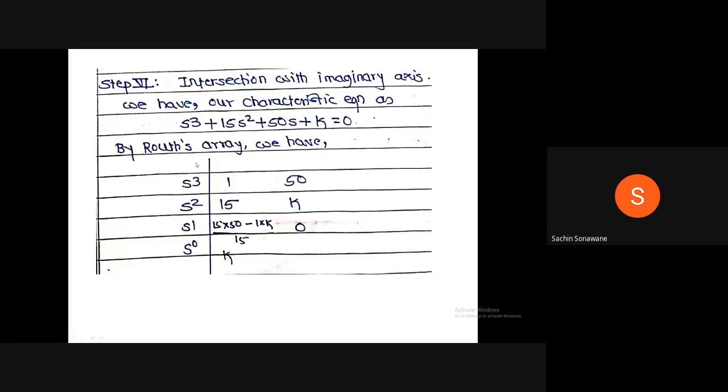The coefficient of s cube is 1, then the coefficient of s, 50, and the coefficient of s square, 15, and again you have to take this value k. Now you have to obtain the s raised to 1 row like this: (15 into 50 minus k into 1) divided by 15, and here it is 0. Similarly, at s raised to 0, the value k will come.